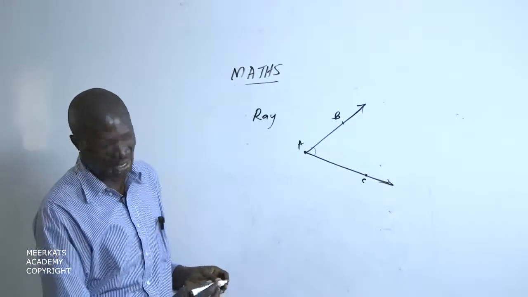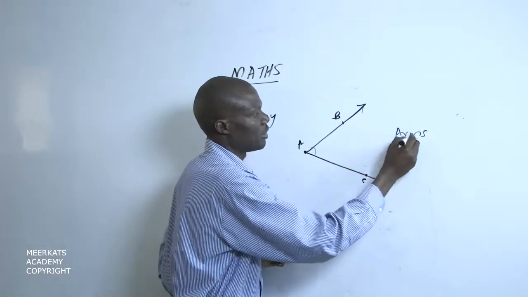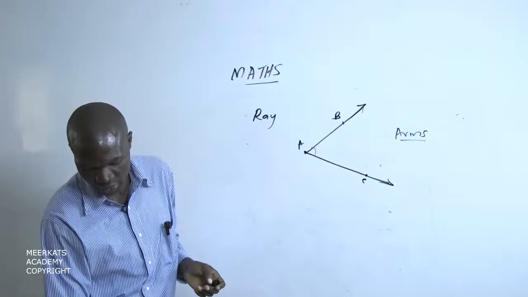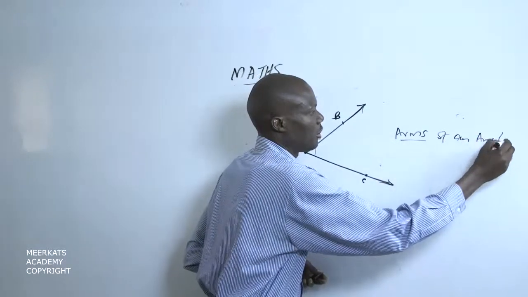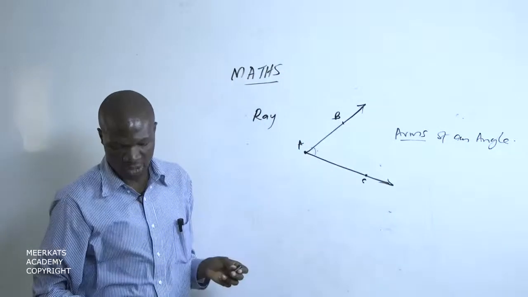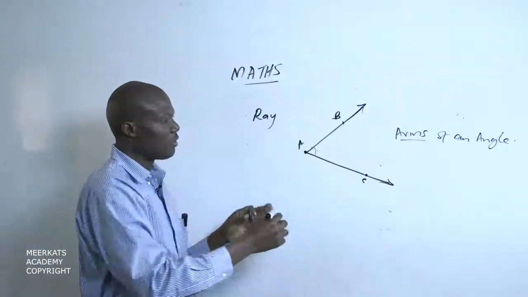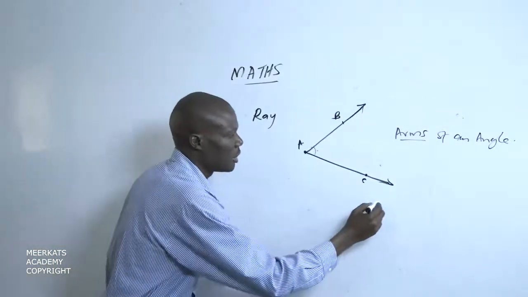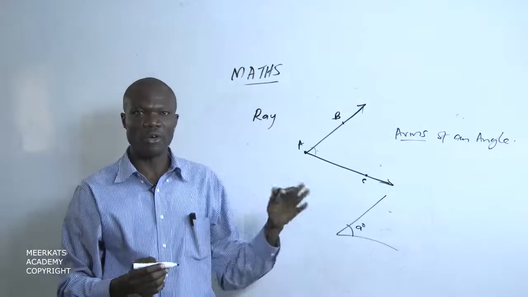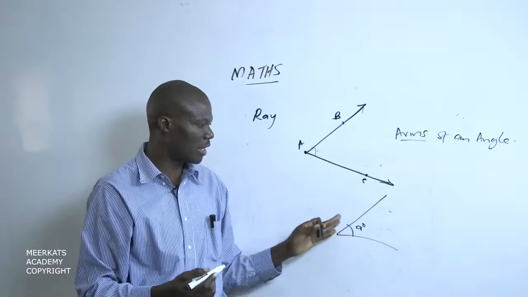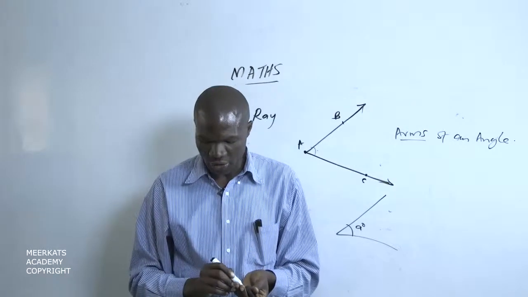Now the two rays here, that is AB and AC, are called arms of an angle. And you realize that the angle is at this particular point. So we can call this an angle, or alternatively, if the angle is unknown, then we shall say this angle, which will be denoted by a small letter. When the angle is not known, we shall say this is angle A.